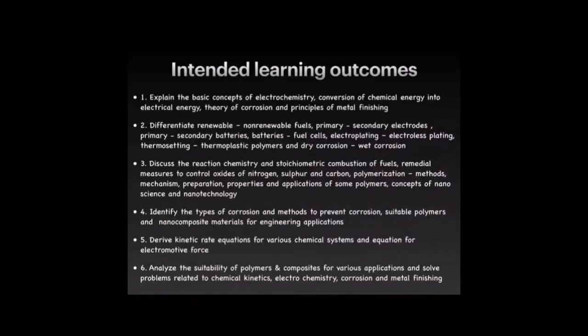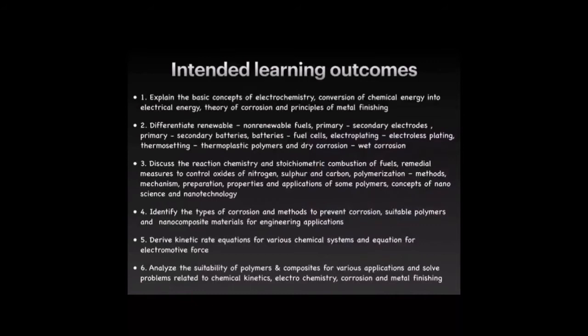You should be able to differentiate renewable and non-renewable fuels, primary and secondary electrodes, primary and secondary batteries, batteries and fuel cells, electroplating, electroless plating, thermosetting and thermoplastic polymers, dry corrosion, and wet corrosion.